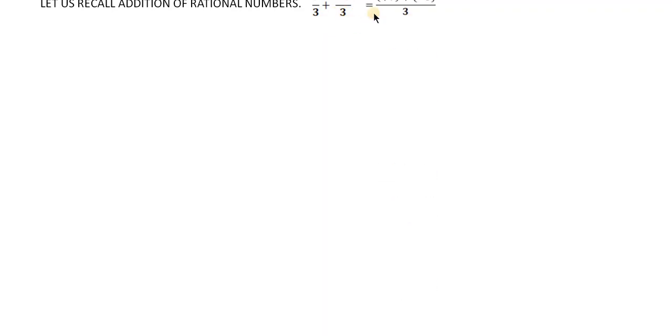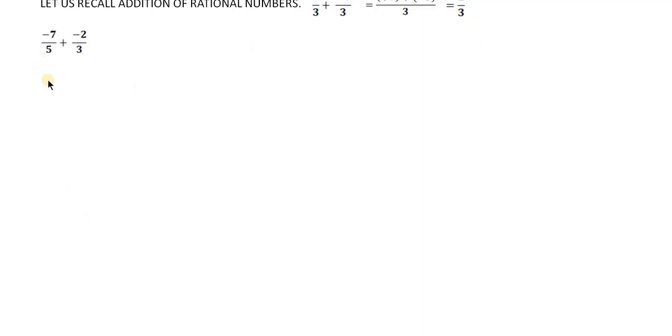When you add, it is positive 7 by 3 plus negative 5 by 3, because it is minus 5 here. You are writing the integers in integer form with signs. Now you take only one 3, as in addition of like fractions. The next step is positive 7 plus negative 5. 7 blue balls, 5 red balls, means 2 blue balls will remain. So that is equal to positive 2 by 3. This is a simple one for you.